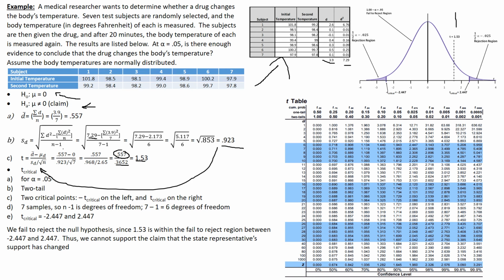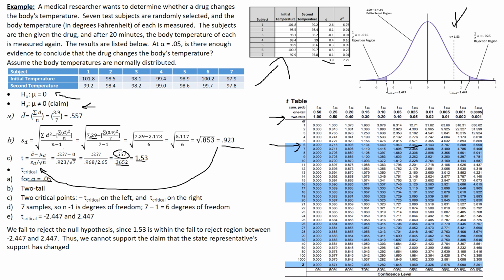1.53 is right here. We are looking at alpha 0.05, and there are 7 samples. It's two-tailed because it's equal and not equal. If it's 7 samples, that's 6 degrees of freedom right here. 6 degrees of freedom at alpha 0.05 for 2 tails would be right here, that's 2.447.